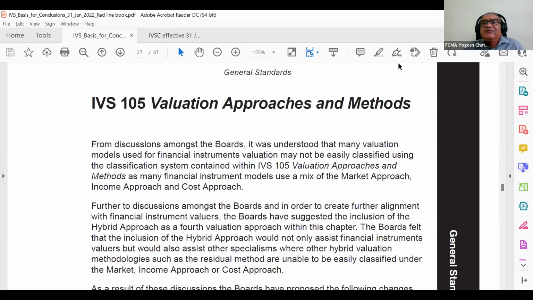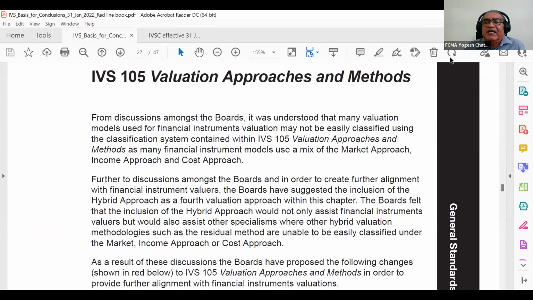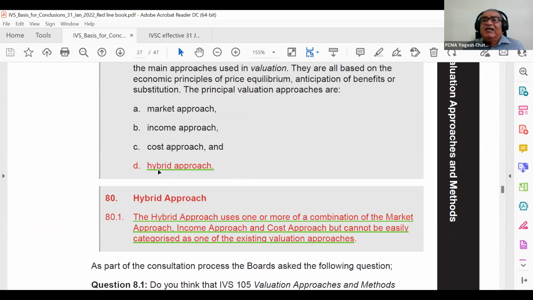As we are aware, world over presently, 3 valuation approaches are recognized: market, income and cost, MIC. Actually, discussions were held to add one fourth approach, which was the hybrid approach.